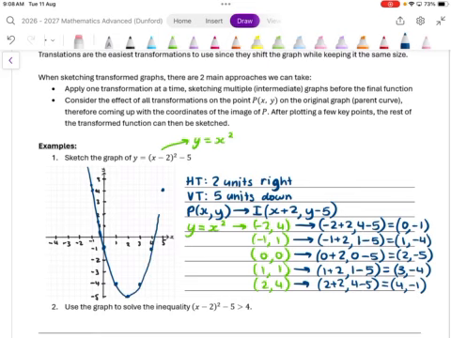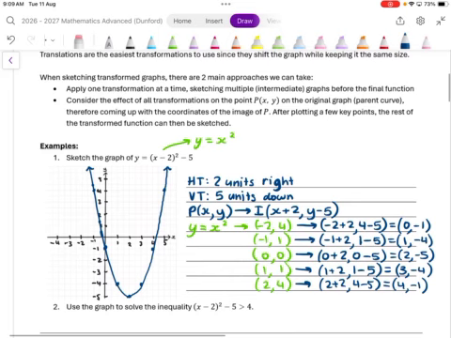But the whole purpose of this is getting used to what the transformations are and making it a little bit easier for us. Okay, so that is our curve. Anyone got any questions there?